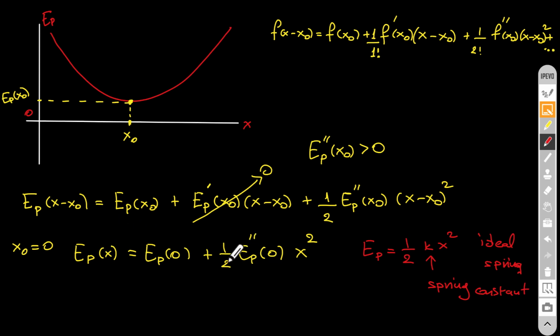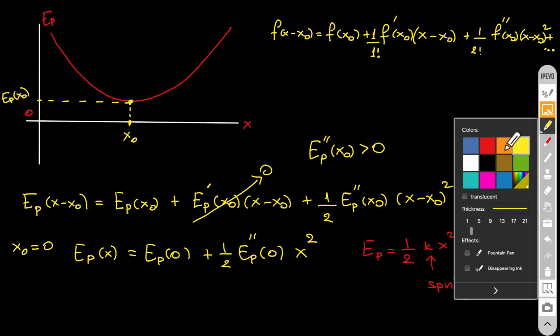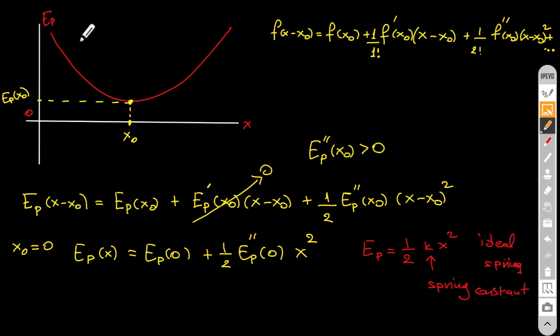Back to this expression, the Taylor series can give you the spring constant if you had a potential energy due to a spring mass system. Now I want to draw something on the graph.